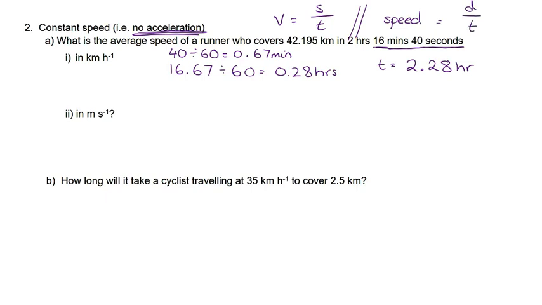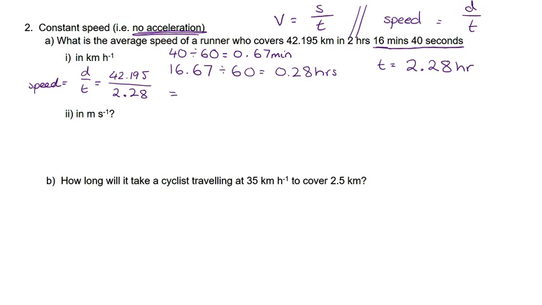I write the full word for speed because if I just use S, you can get it confused with displacement. So speed equals distance over time. So the distance is 42.195 divided by the time, which I found was 2.28.